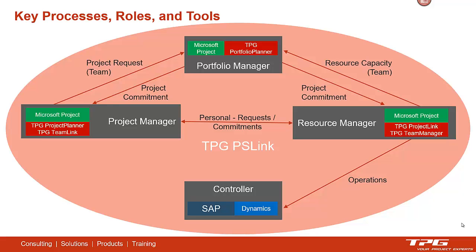The exchange from resource managers to controllers is about operational work, which has nothing to do with projects, but it obviously covers the capacity of the resources. And from projects, we have to deliver forecasts into ERP systems where the controlling has to plan the next year or the next fiscal year.